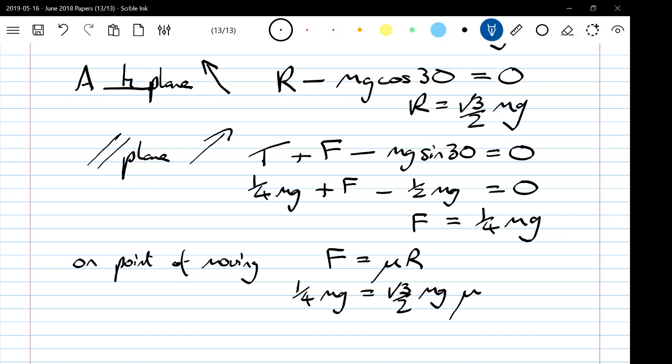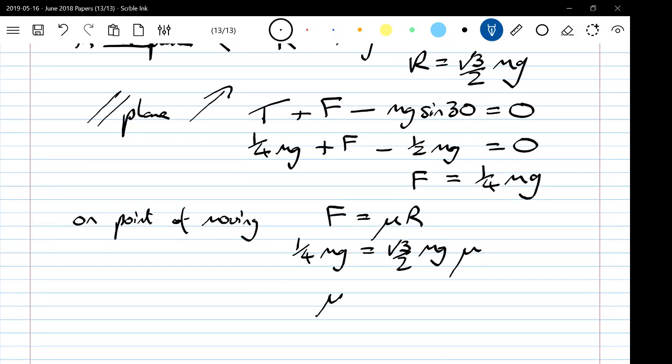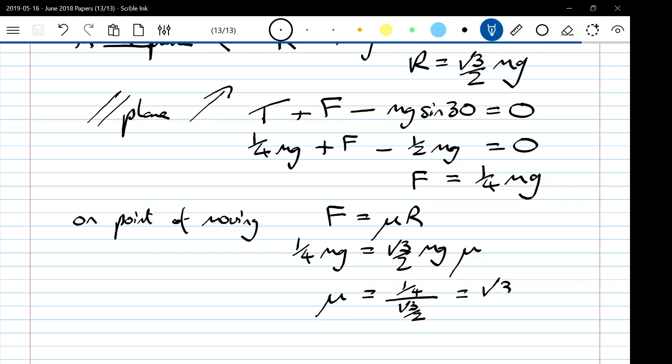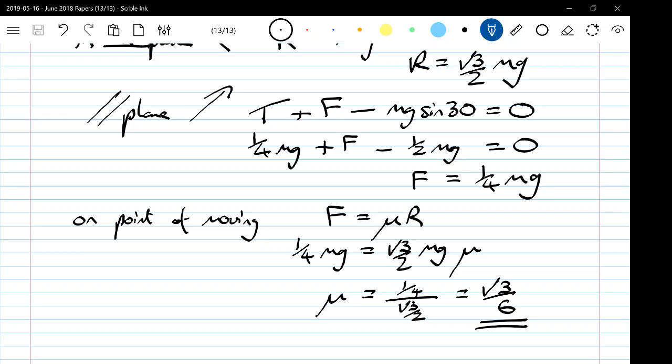That times mu. mg cancels out. It leaves us doing 1/4 divided by √3/2, which is 1/(2√3). So if we multiply by √3/3, it's √3/6. Or you could use your calculator to rationalise the denominator for that.